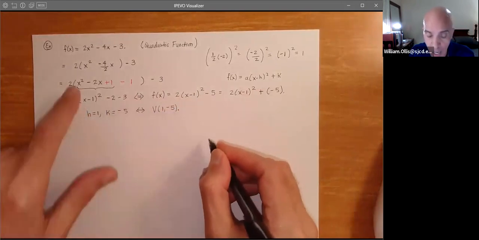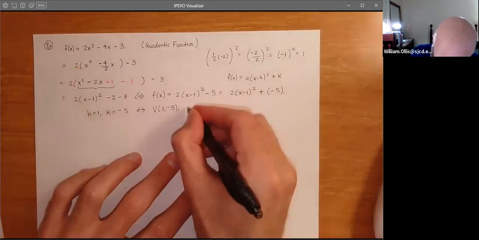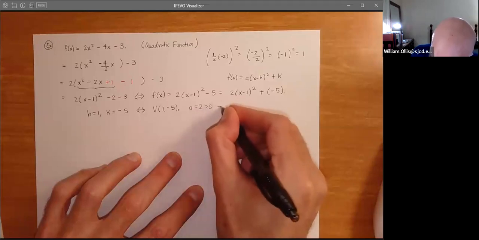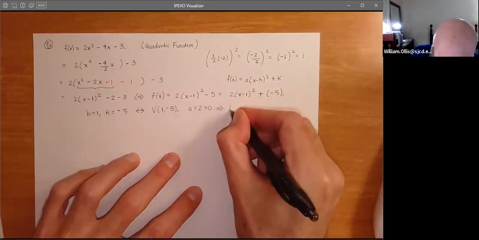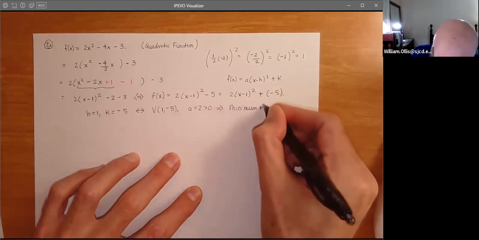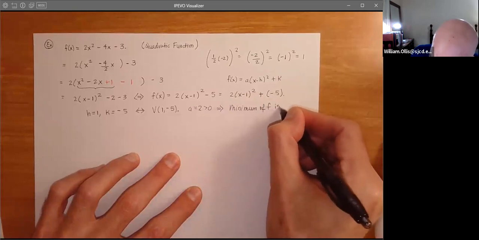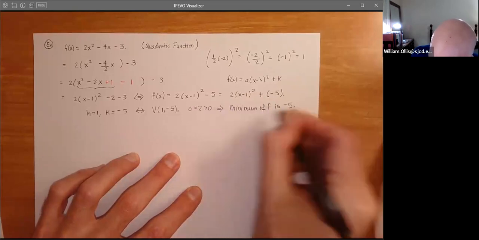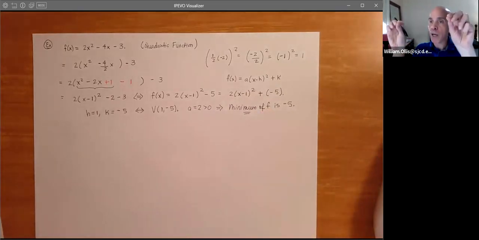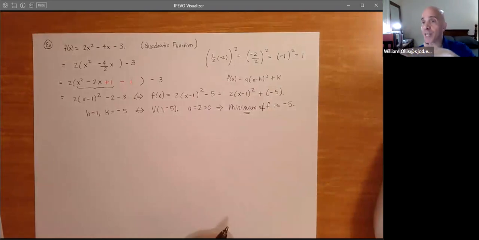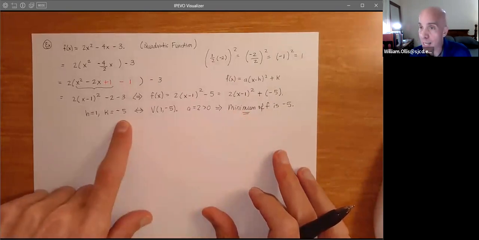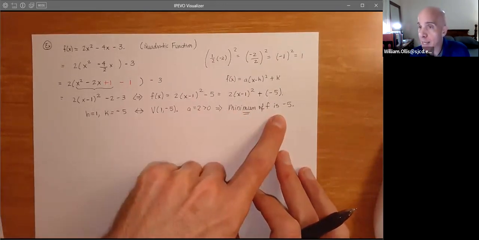And now we make the observation that a is positive. a equals 2, which is positive, which implies the minimum of f is -5, the minimum. Again, when a is positive, the graph will open upward, and so the vertex will define the minimum. So we go to the k in this case, which is -5. So the minimum of f is -5.